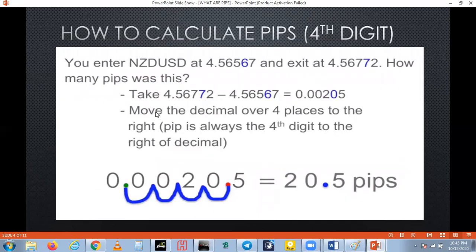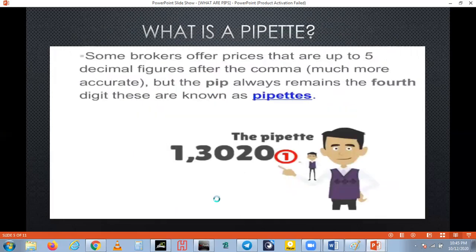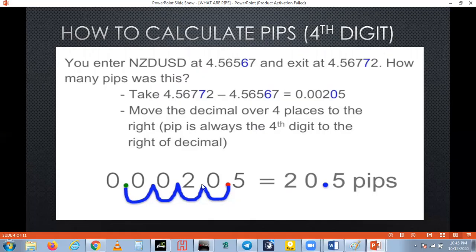So now you move the decimal over four places to the right. A pip is always the fourth digit to the right of the decimal. So this subtraction that you did, you now move that dot from the 0 point: one, two, three, four.